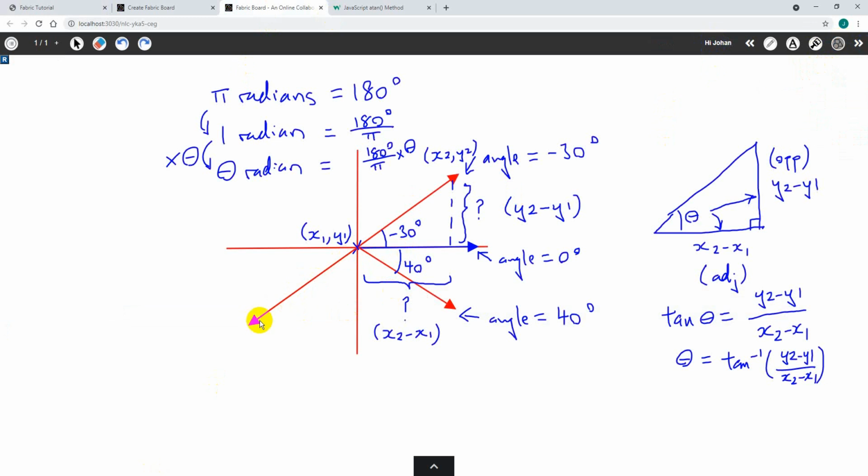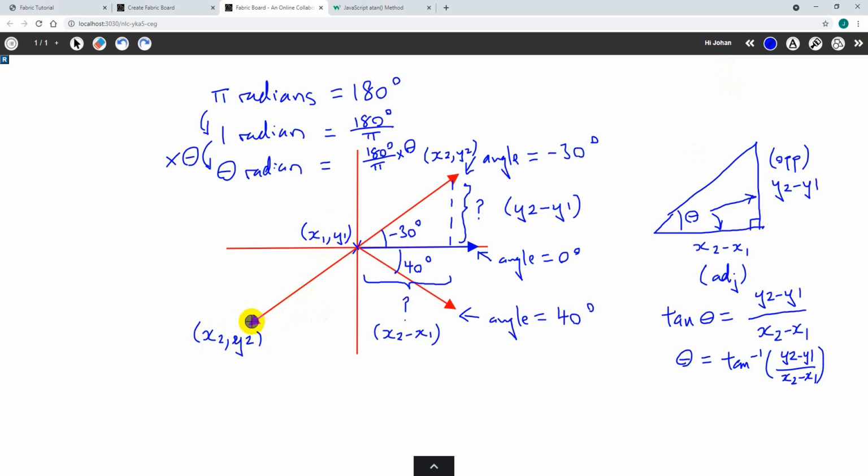Here y2 is more than the original position, more than y1. I can write it down over here: this is x2, y2. So y2 is more than y1 and x2 is less than x1.